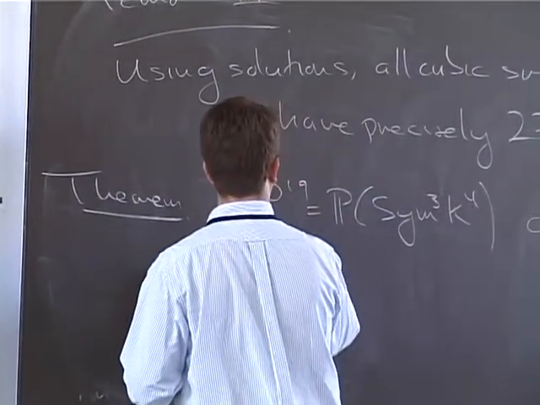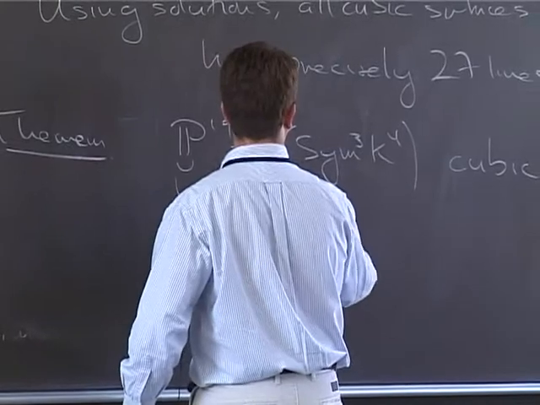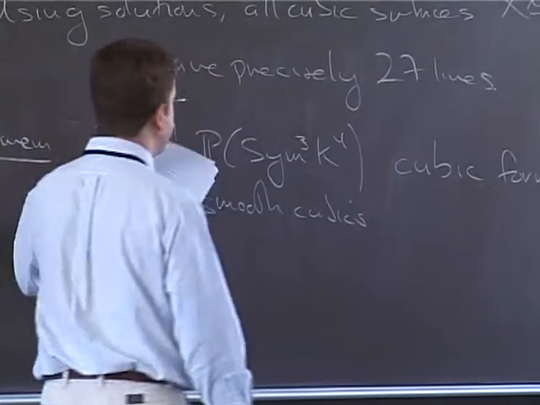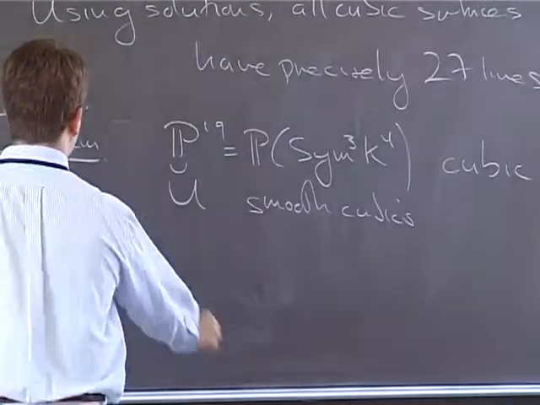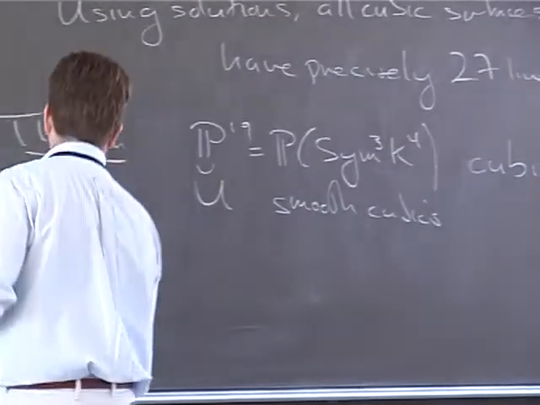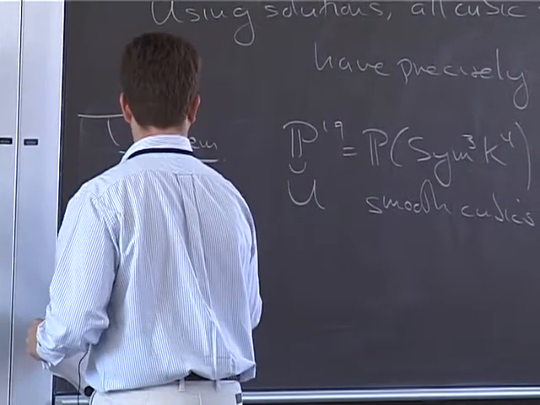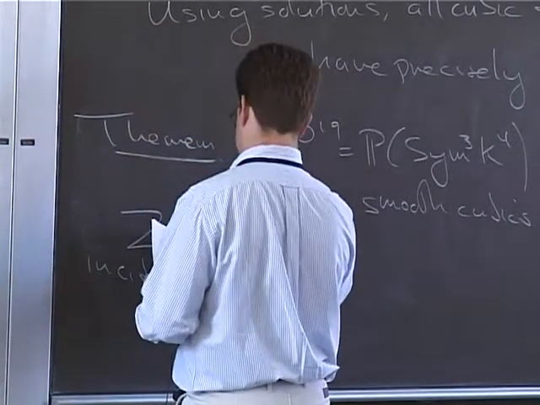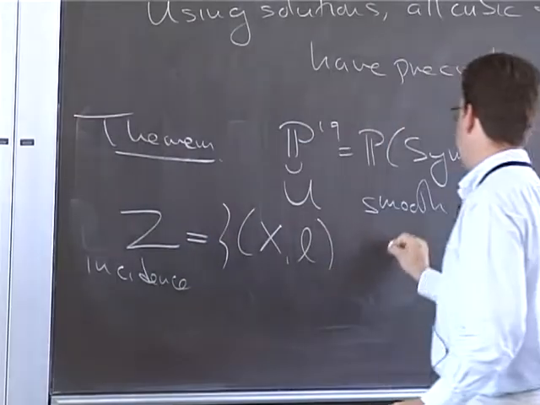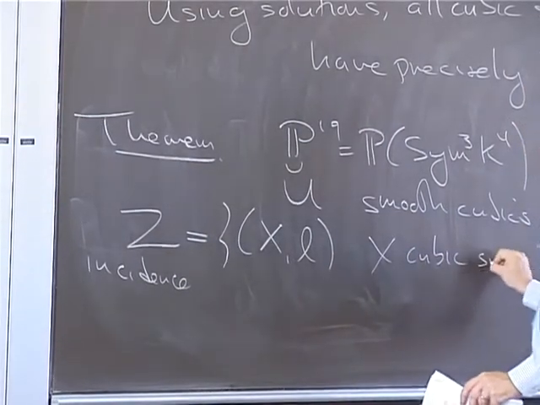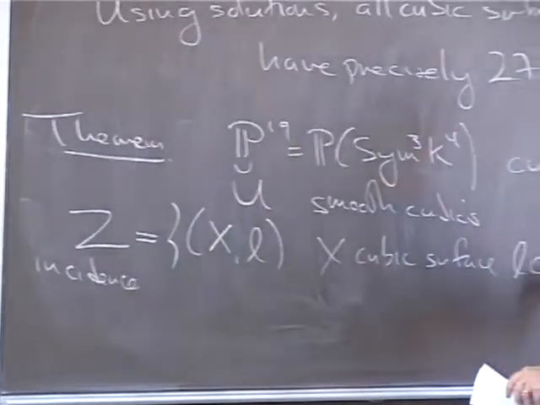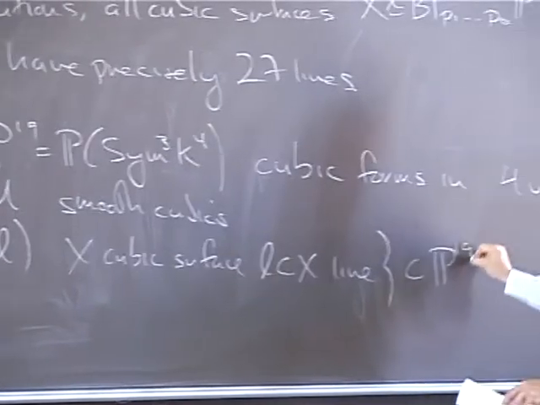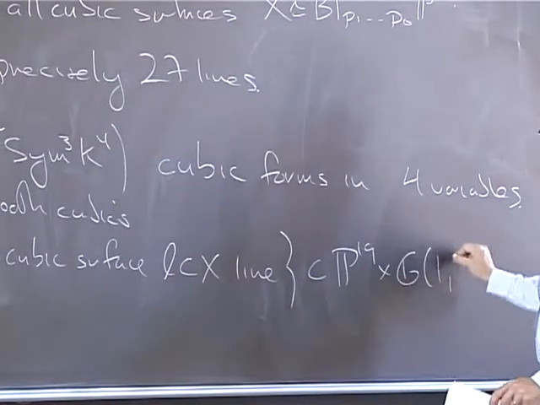And inside of here, we have the smooth cubics. So this is an open subset of P19. And we also have the incidence variety, consisting of all pairs where X is a cubic surface and L in X is a line. And so this is sitting in P19 cross the Grassmannian.